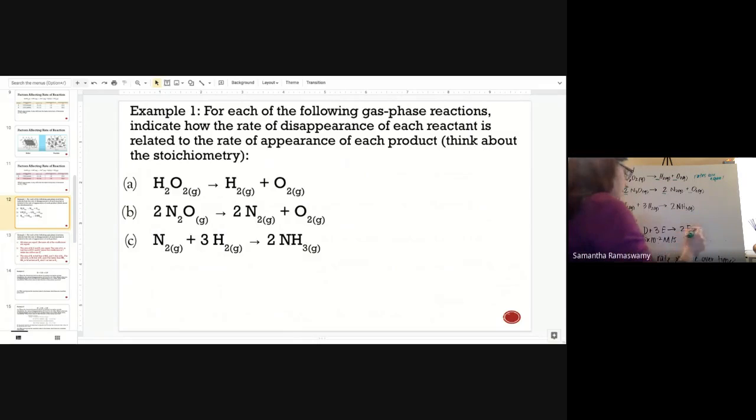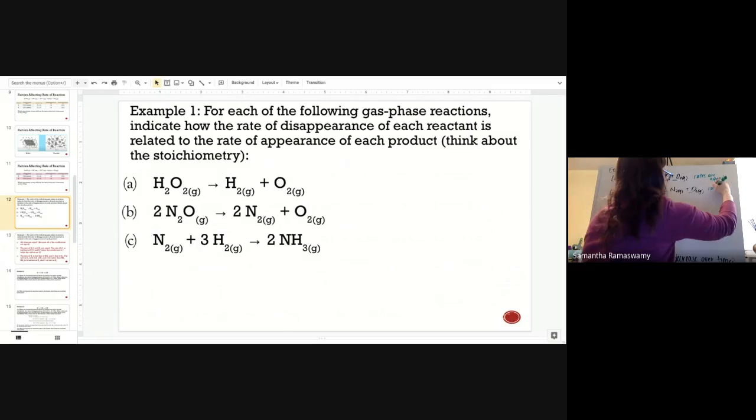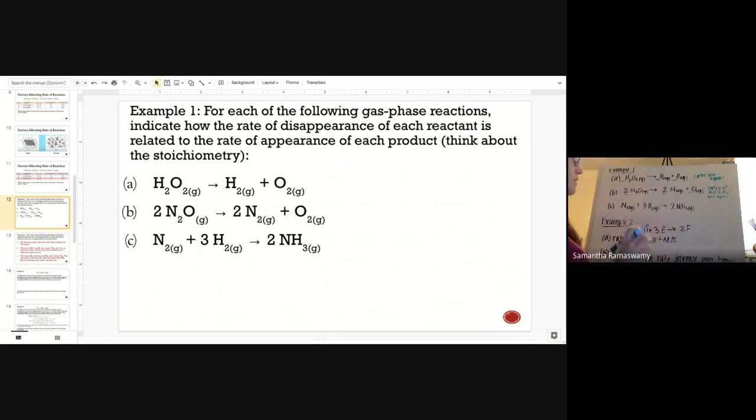So we could say the rates of N2O and N2 are equal. Then compare those coefficients to oxygen.